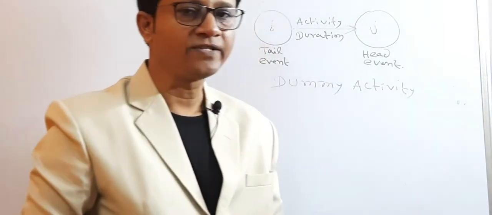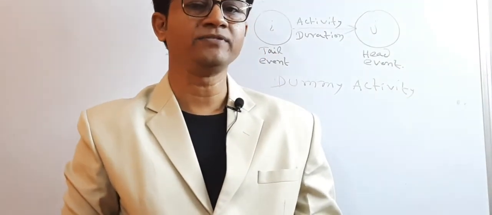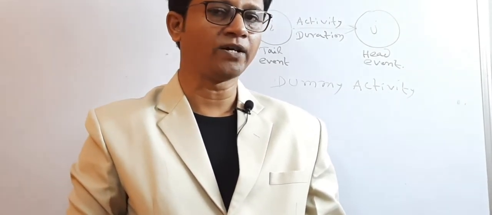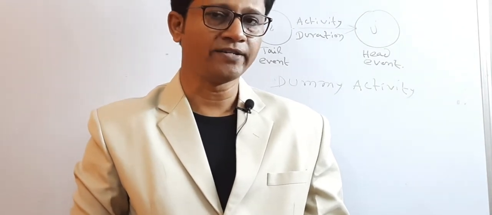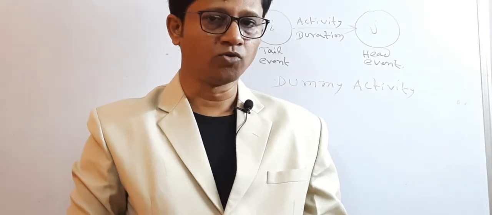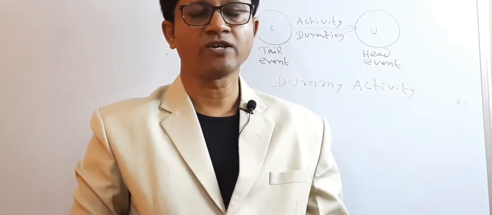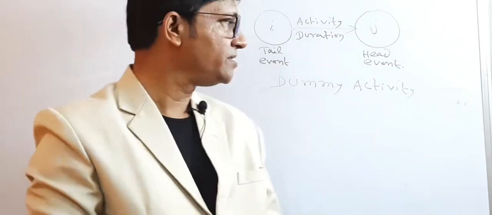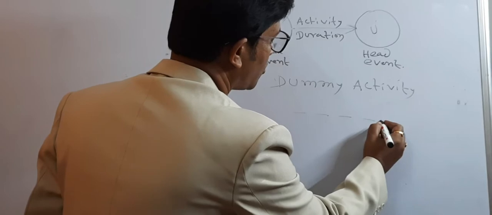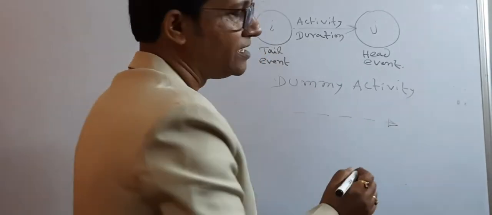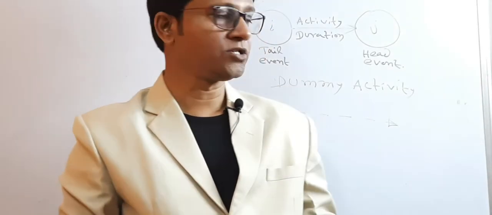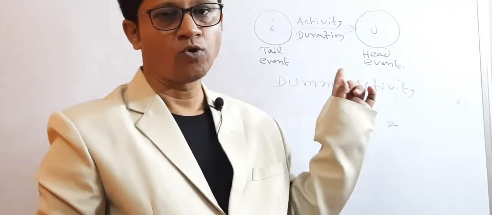Actually, this dummy activity is introduced to represent the dependency of a network, or in order to avoid the duplicate numbering of activities, and it is generally represented by a dotted line. This dummy activity is always represented by a dotted line, and it generally consumes no time and resources. This is one of the drawbacks of this AOA diagram.